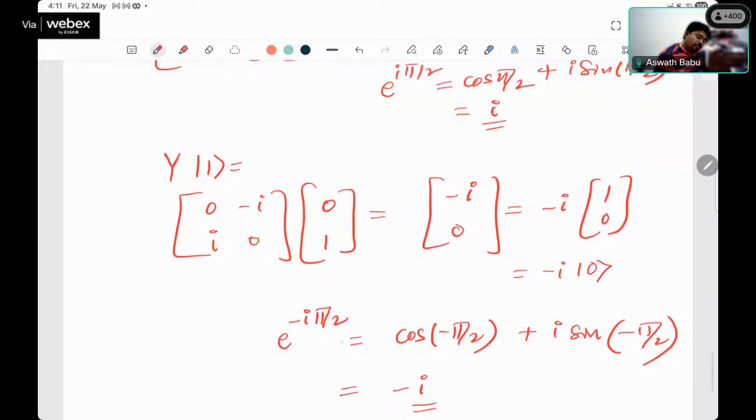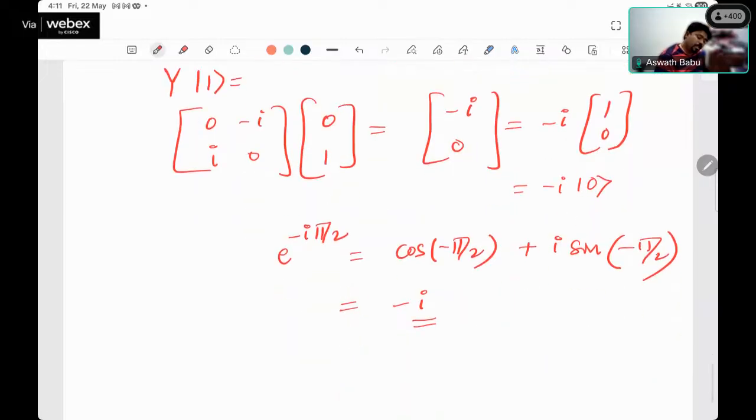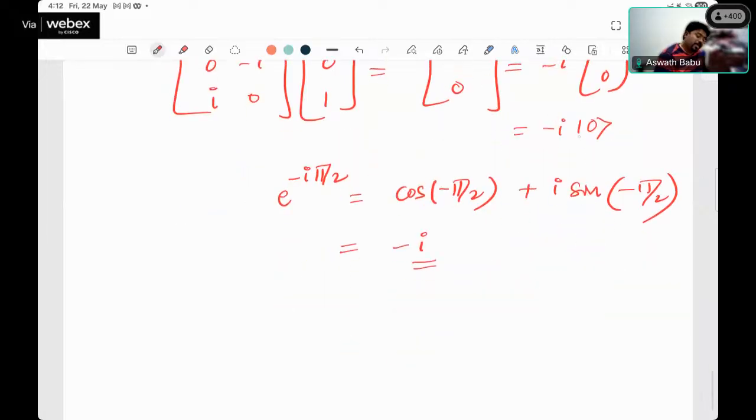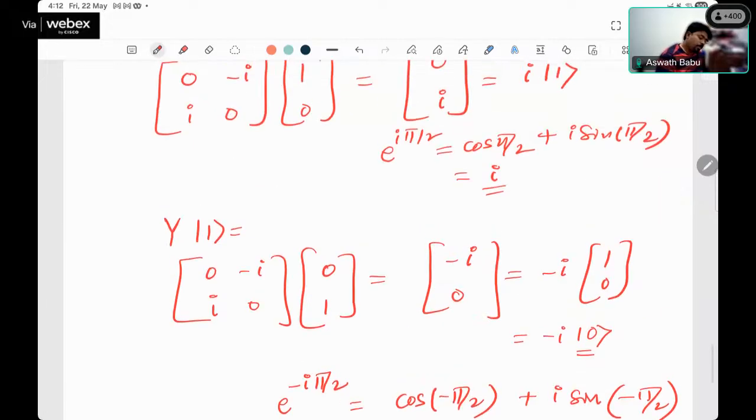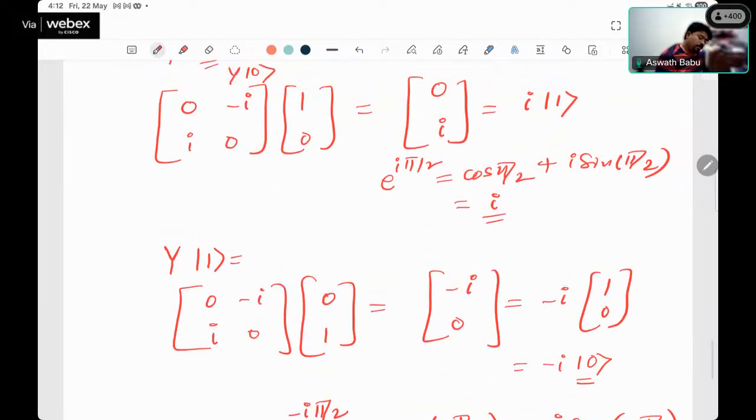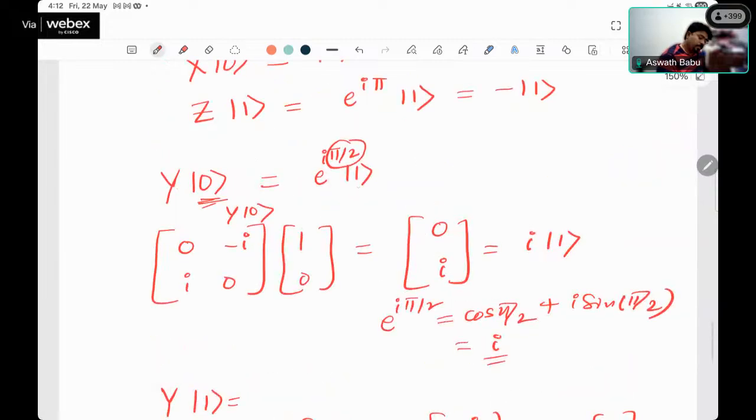So here also, you can say how much phase angle is added, which is a minus pi by 2 phase angle added, or you can also say 3 pi by 2 phase angle is added to 0 ket. Y acting on 1 gives me exponential i 3 pi by 2 times 0 ket. See, it is flipping from 1 to 0 and 0 to 1.